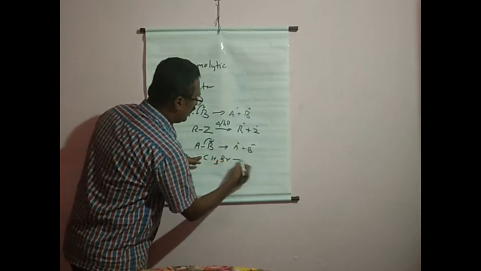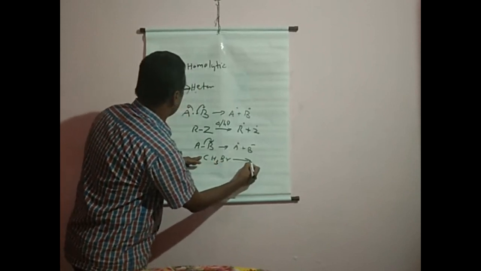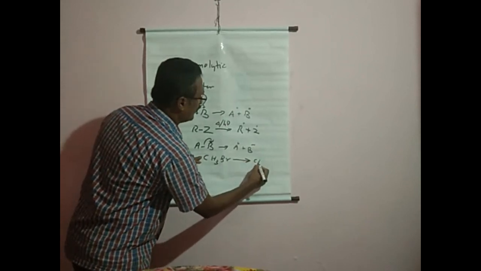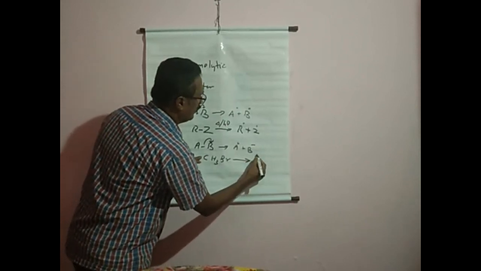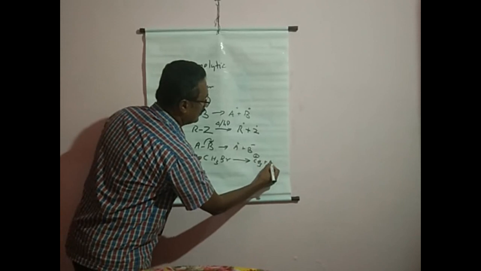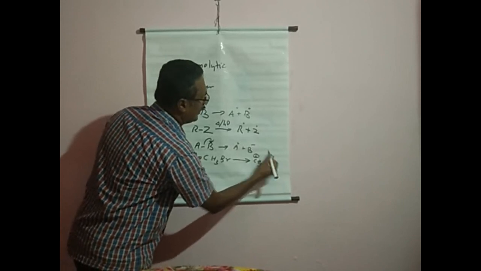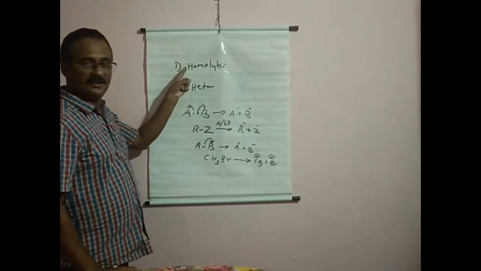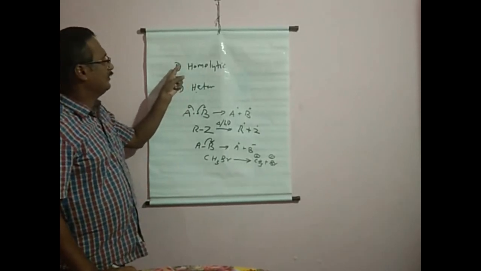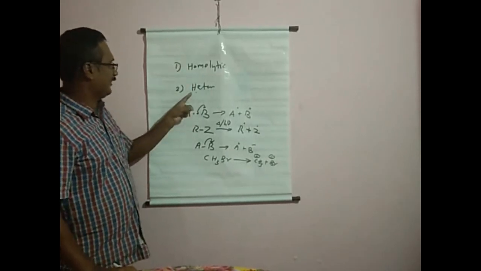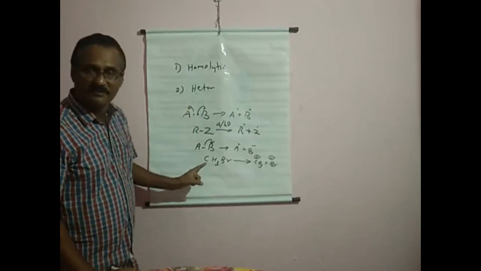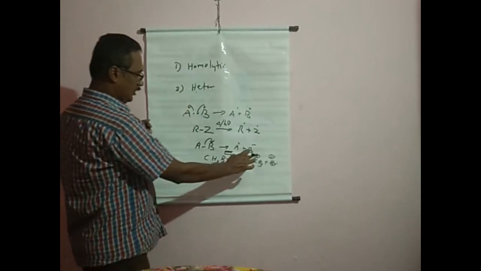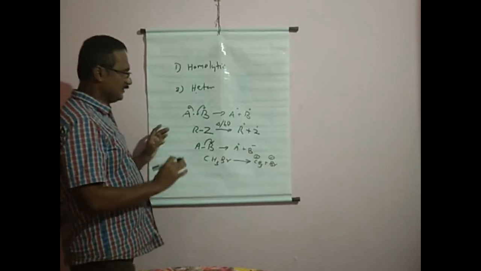When it undergoes heterolytic cleavage, it forms a methyl cation and a bromide ion. Homolytic cleavage leads to free radicals; heterolytic cleavage leads to positive and negative ions.